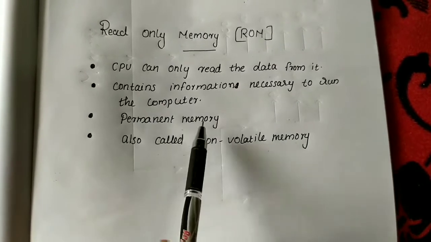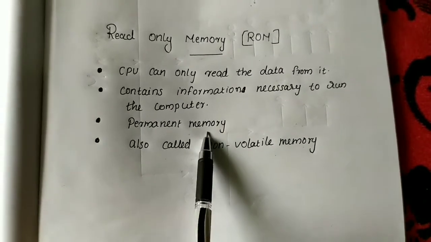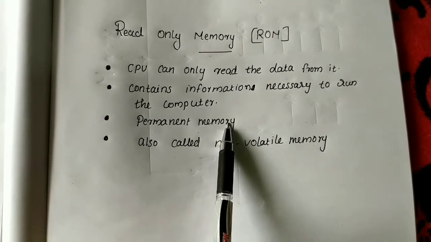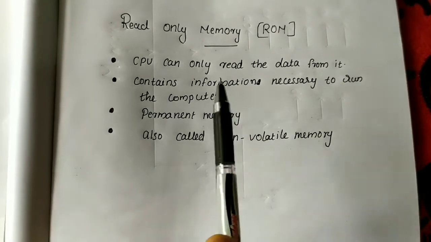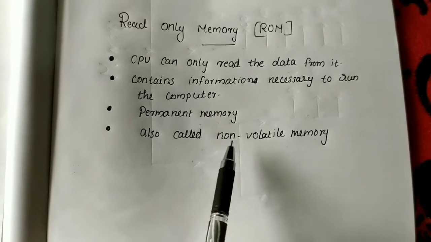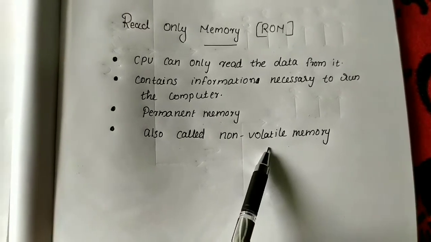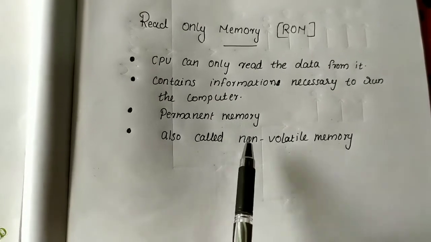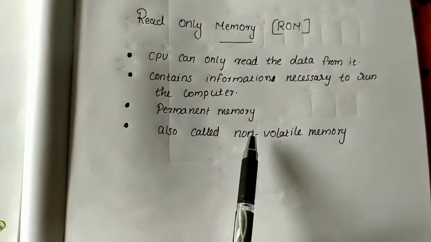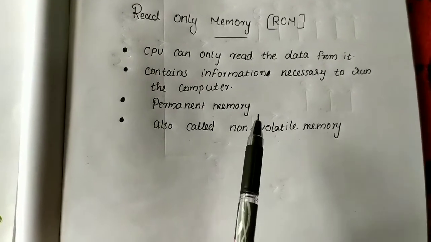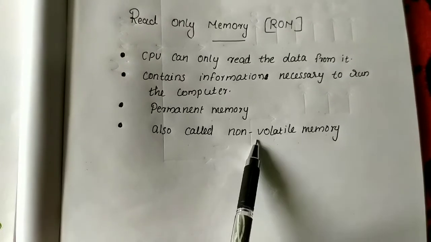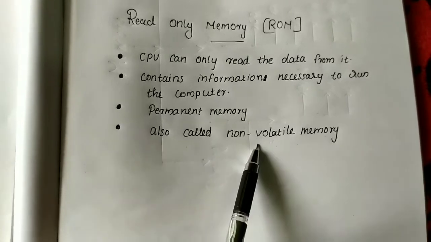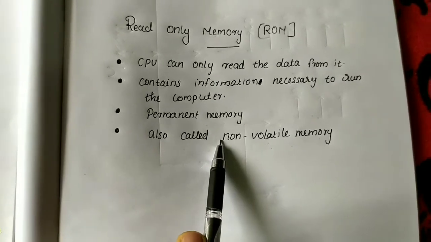It is a permanent memory, as the data and contents once written to it remain fixed. It is also called non-volatile memory because the contents never change even if the computer is turned off. The data in this memory is never lost when we turn off the computer.